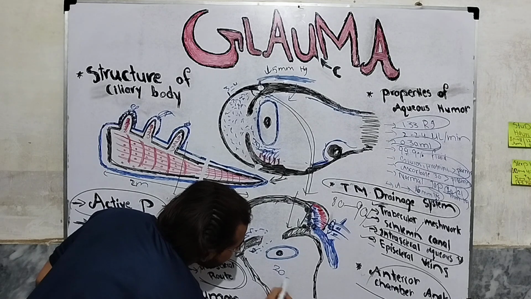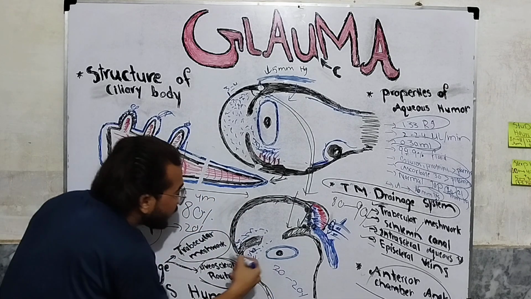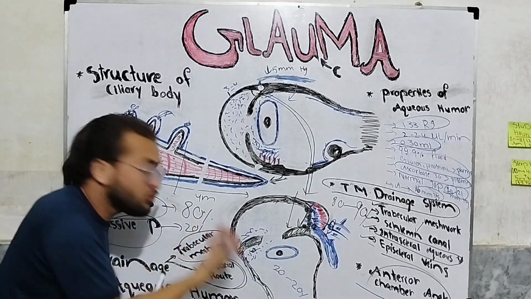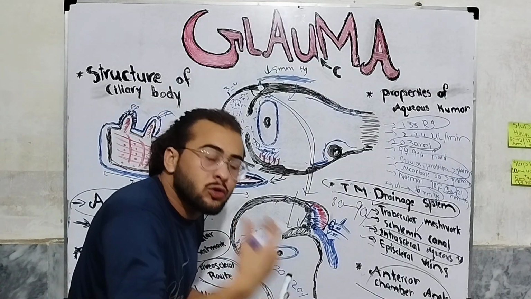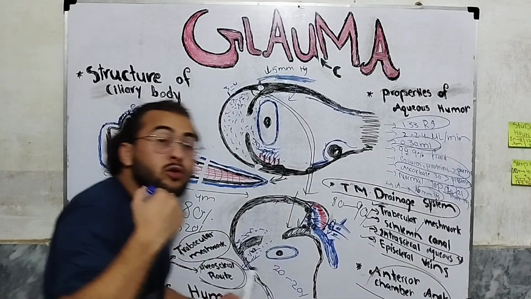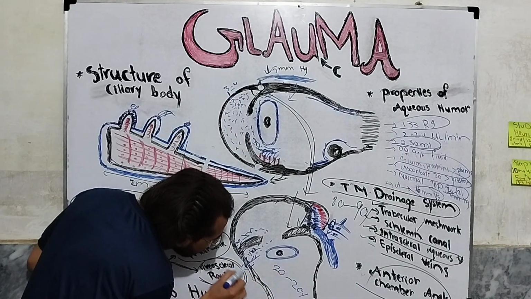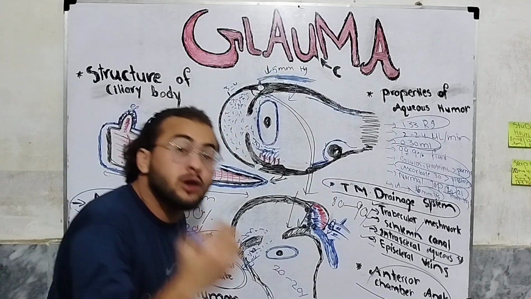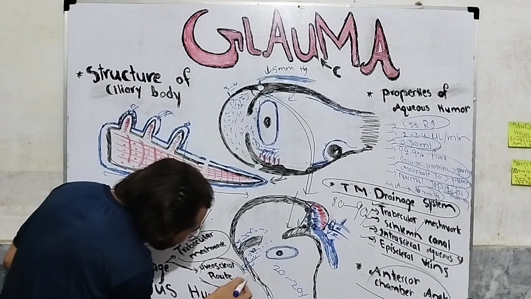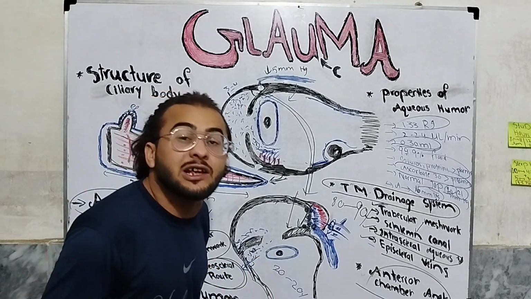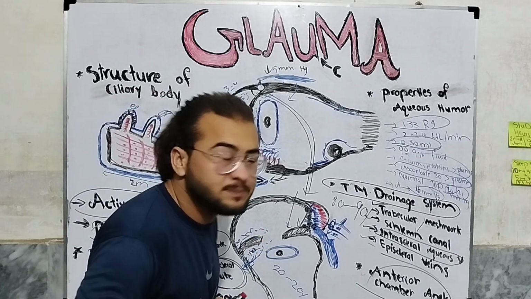But 10 to 20% of the fluid also moves into the ciliary body, the choroid layer, and then drains through the choroidal veins and episcleral veins. In the suprachoroidal space, we have episcleral veins. So this fluid will be drained through these choroidal veins and episcleral veins in a reverse route, okay. This is called uveoscleral route.